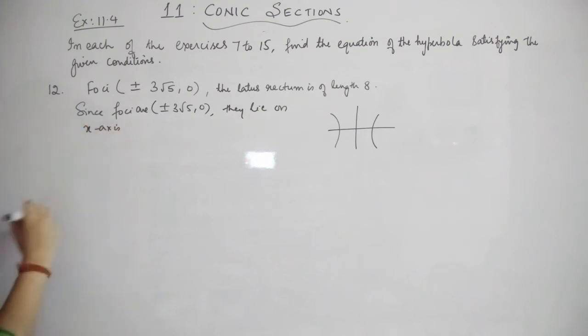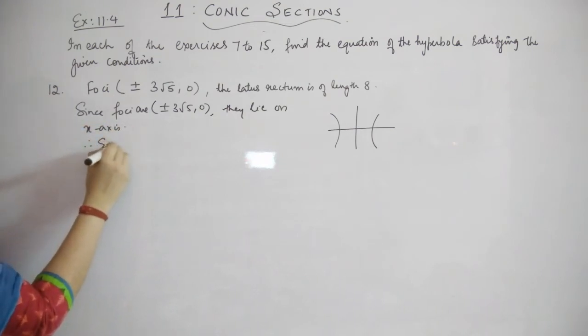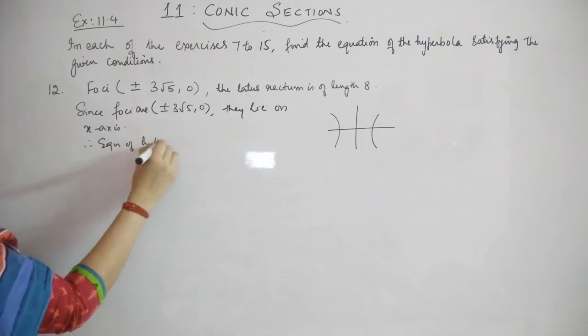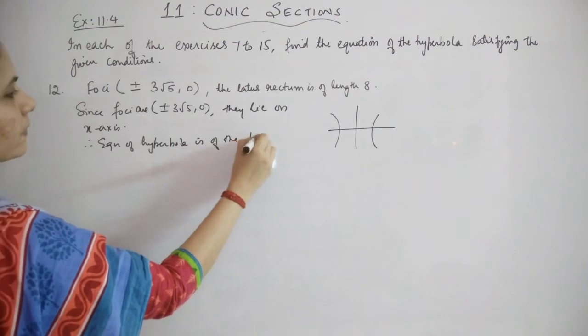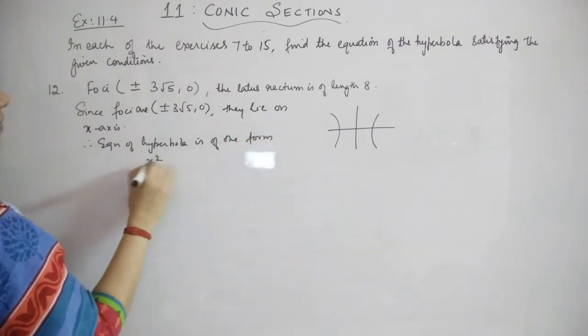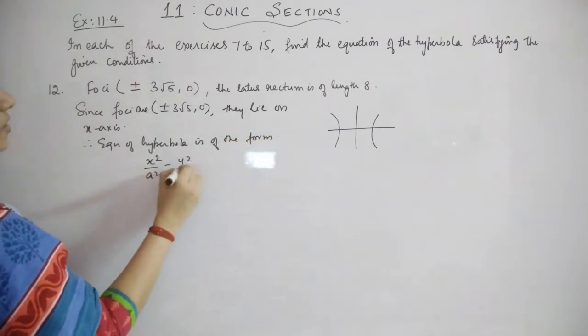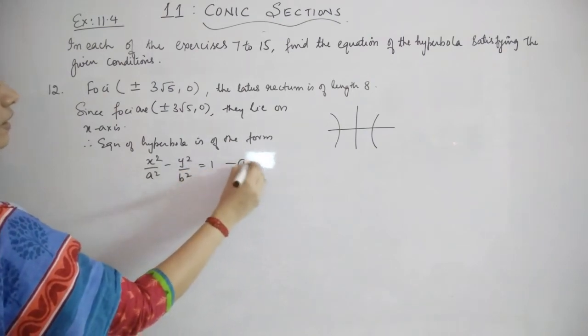So what will you get? Therefore, the equation of the hyperbola should be taken as x square by a square minus y square by b square equal to 1.